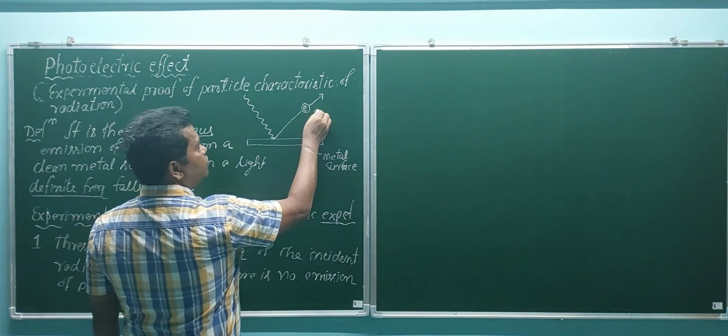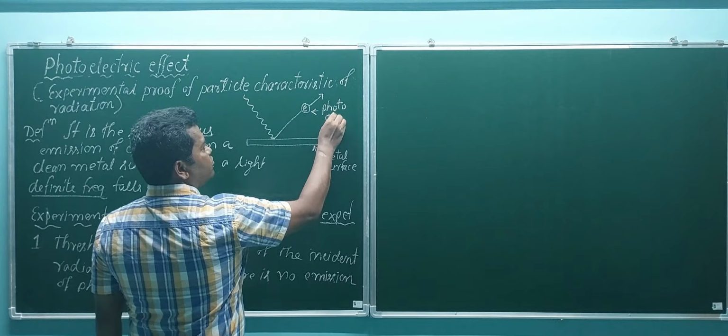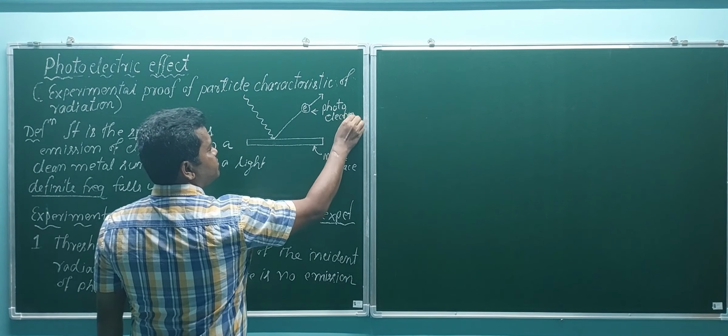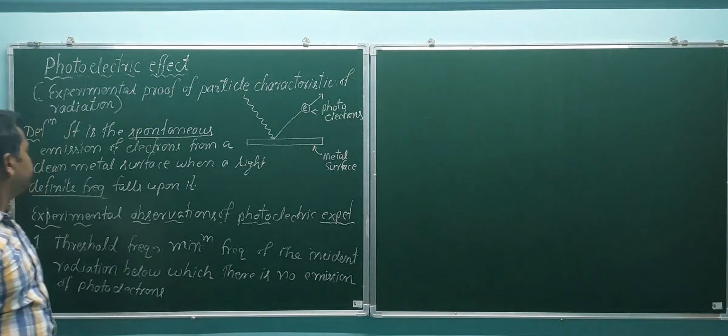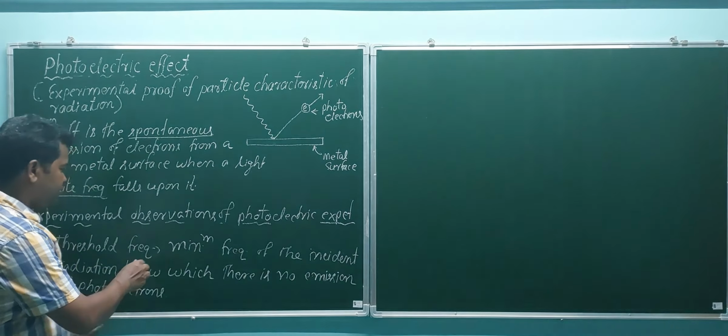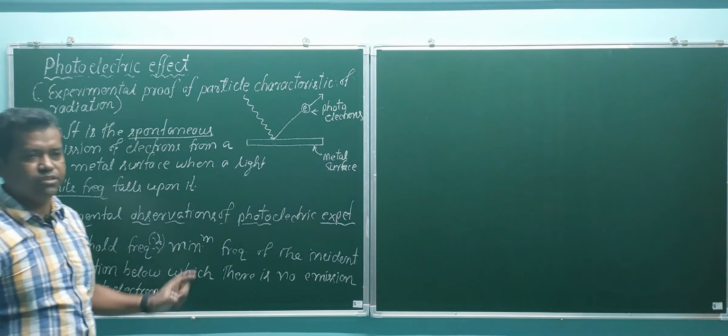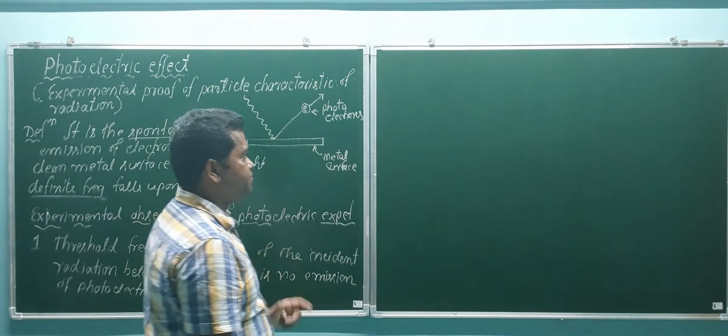These electrons are called photoelectrons. So the threshold frequency is denoted by nu naught. This is the first observation. There should be a minimum frequency.